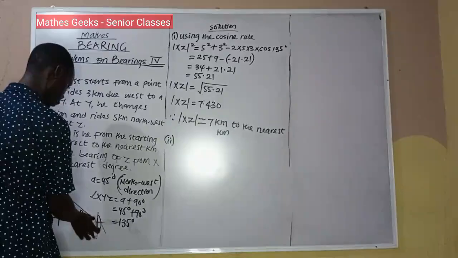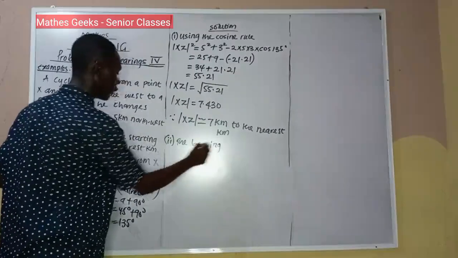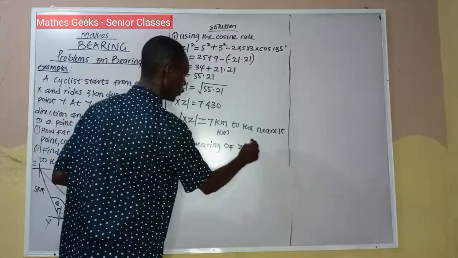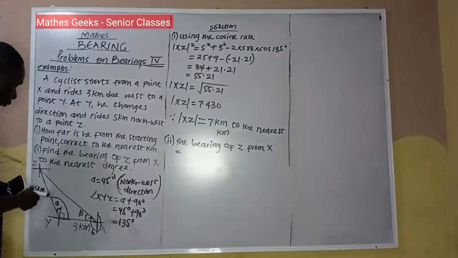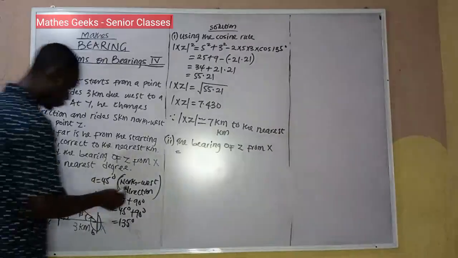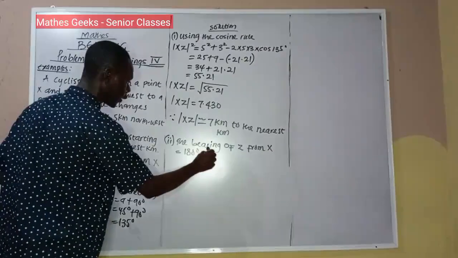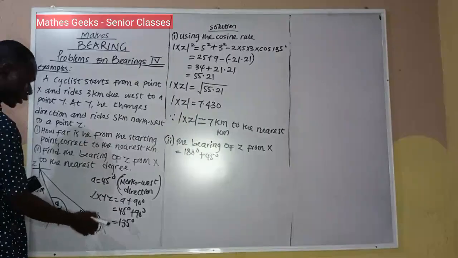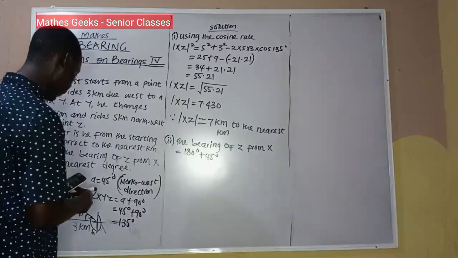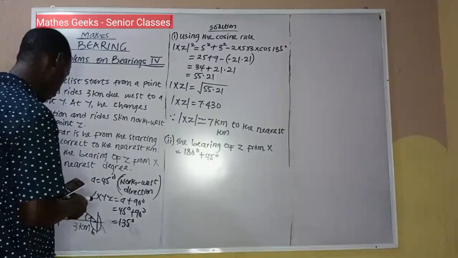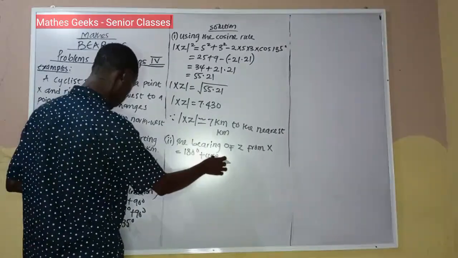So the bearing of Z from X is equal to 180 degrees plus 45 degrees plus beta.